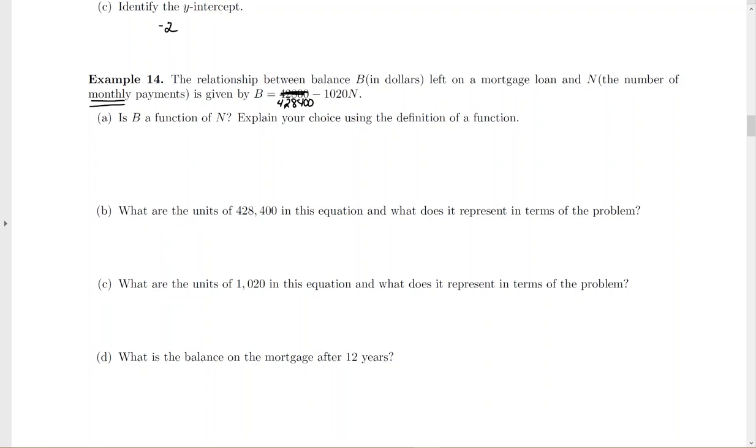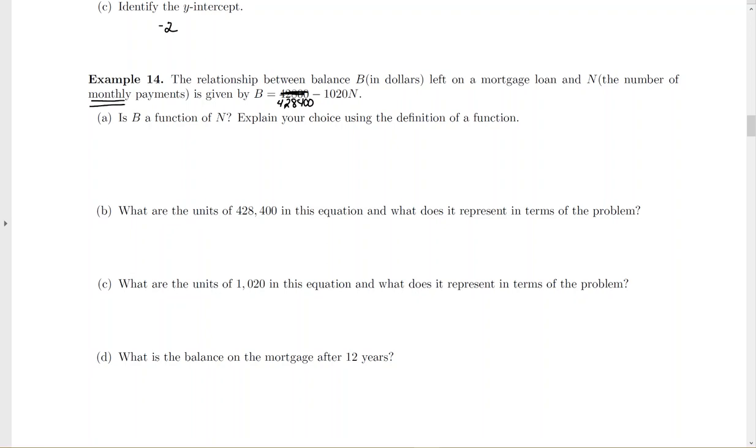Well, for the definition of a function, we're looking for each input, N in this case, is there exactly one output, B? And the answer to that is yeah. If you're just thinking about paying off a balance of anything, if you make a payment, you're going to have one new balance. You're not going to have multiple new balances.